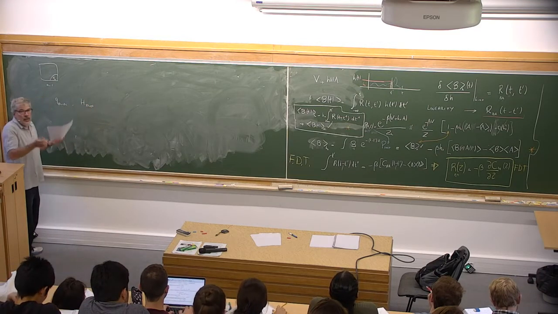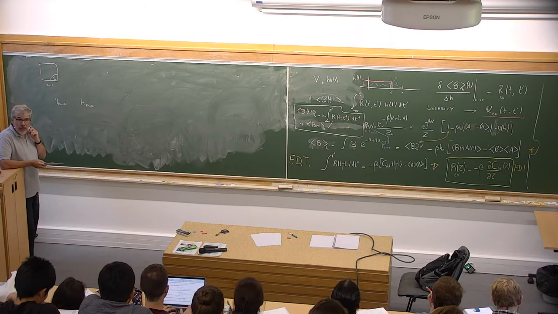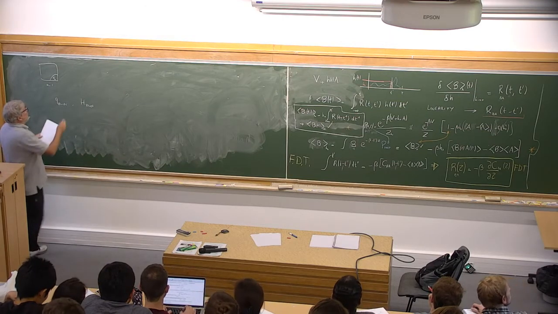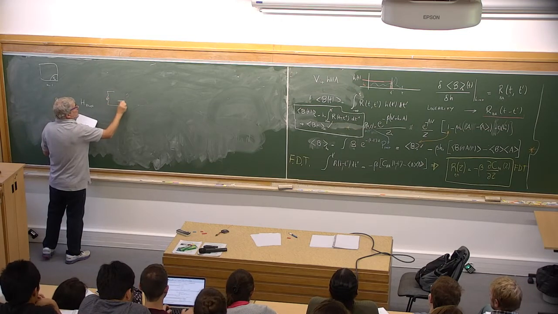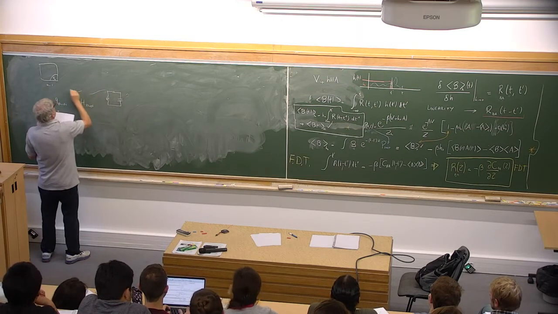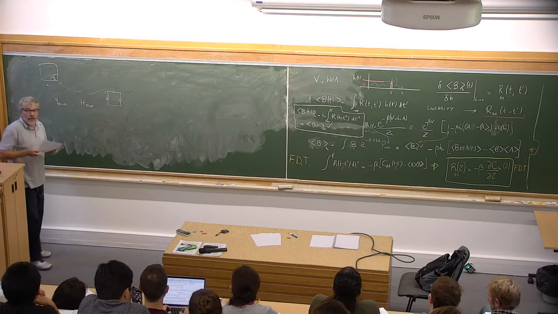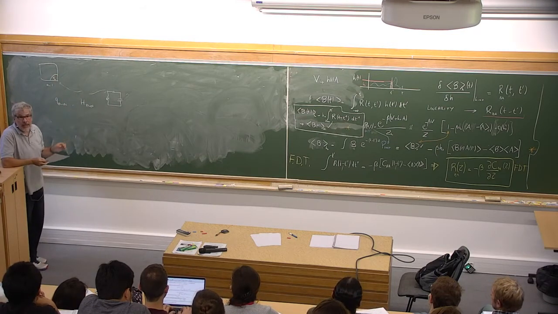A nice thing to use is a harmonic oscillator, for example. This is going to be my system, a harmonic oscillator, which I am going to put into contact with here and see how much energy it gets.